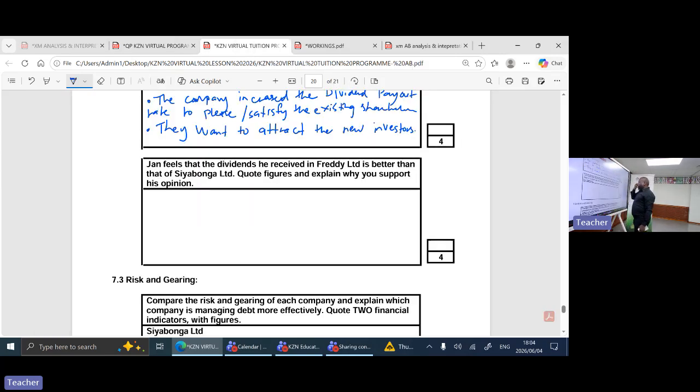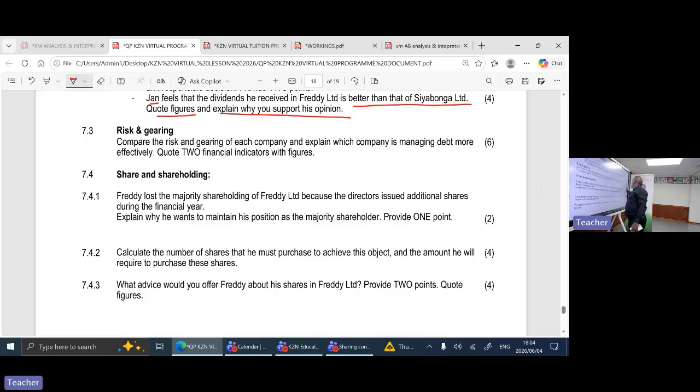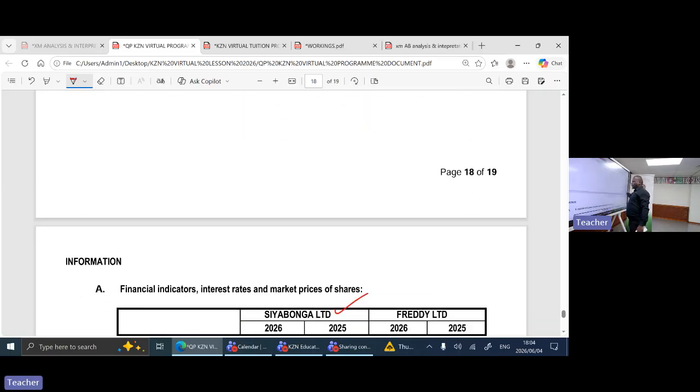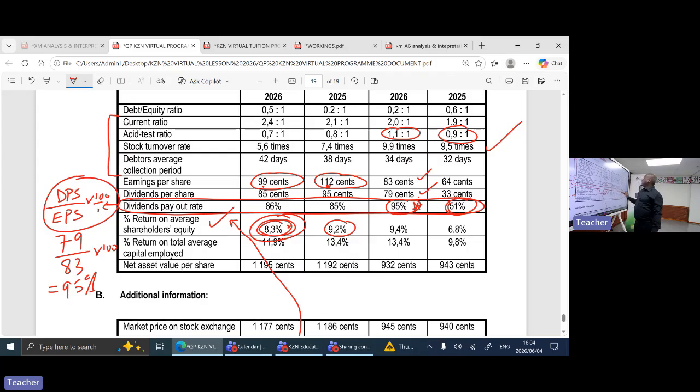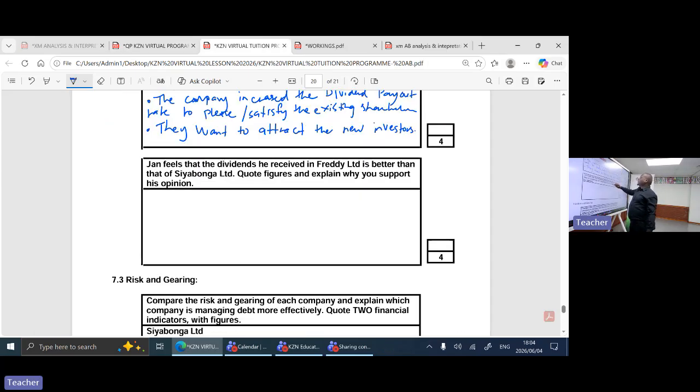Right. Now, when you look at this question, we are going to look at the dividends. Jen feels that the dividends he received in Freddie are better than those of Siyabonga.